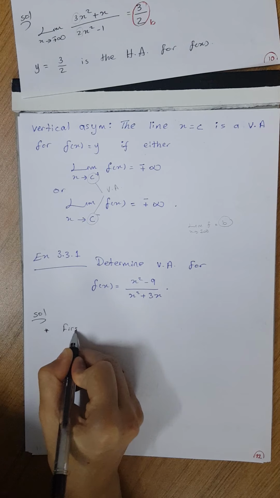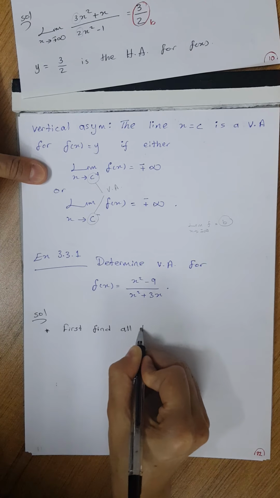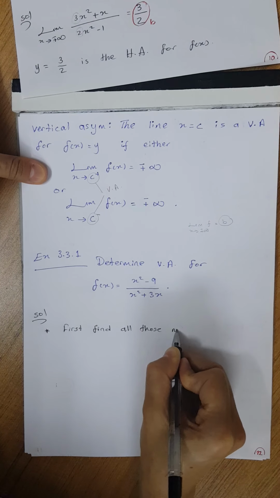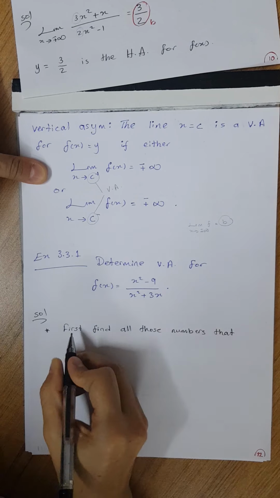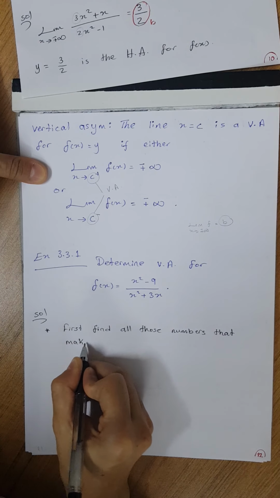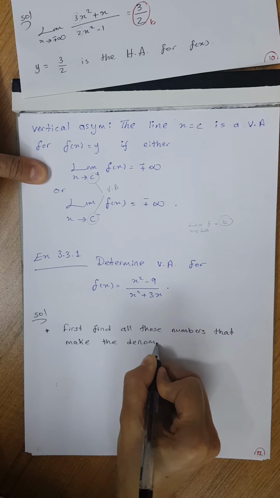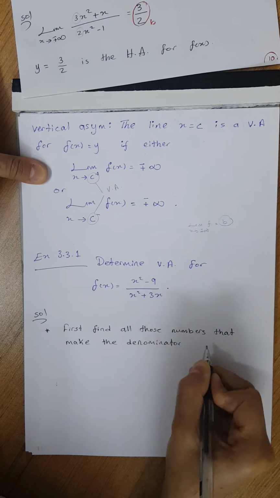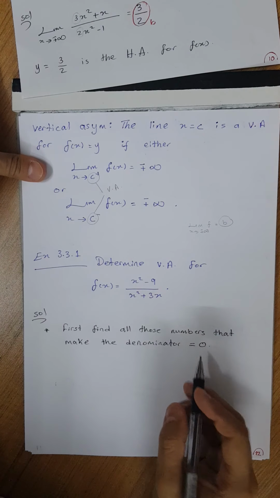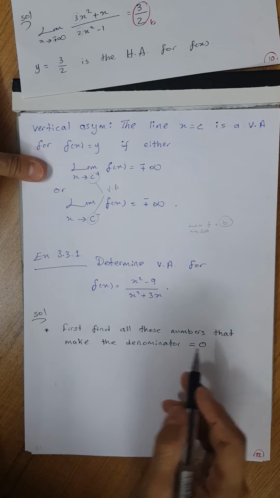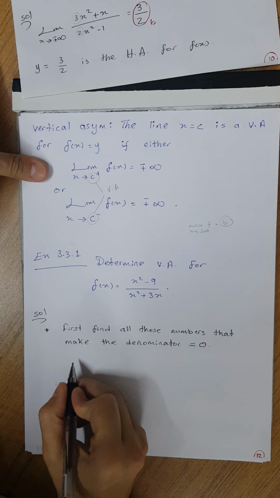First, find all those numbers that make the denominator equal to 0, okay? And then when we find those numbers, we find their limits, okay? So let's find those numbers that make the denominator equal to 0.